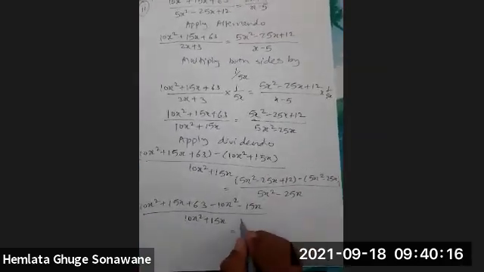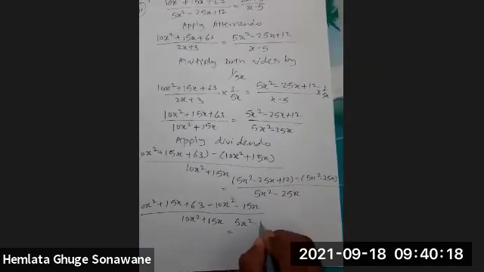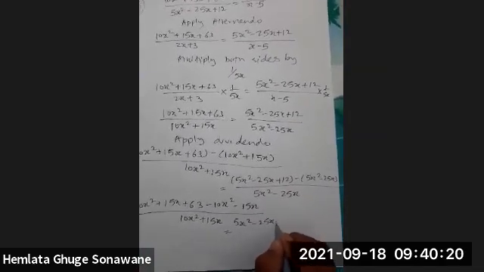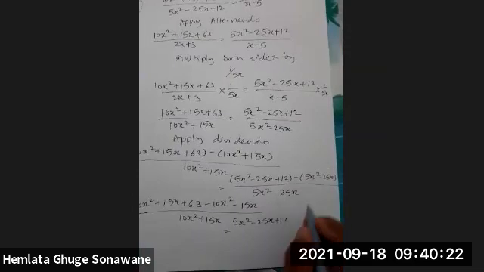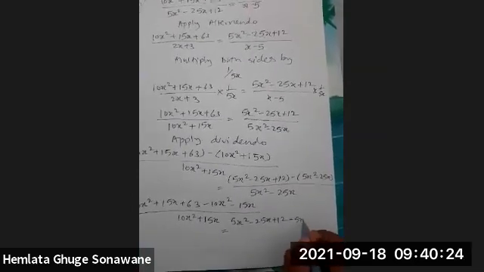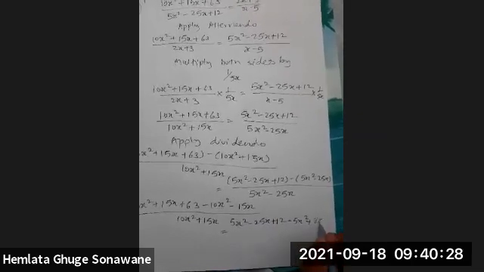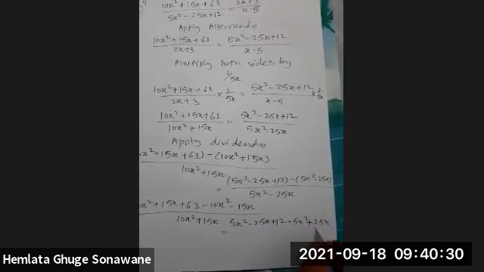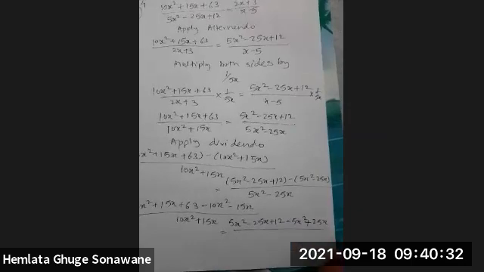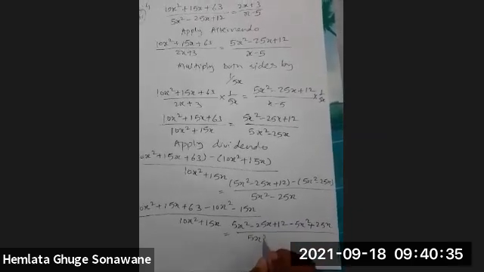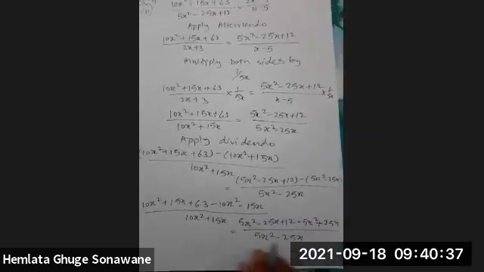Here also the same: 5x square minus 25x plus 12 minus 5x square, minus minus becomes plus 25x, upon 5x square minus 25x.